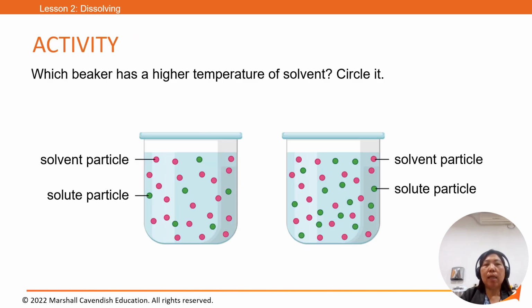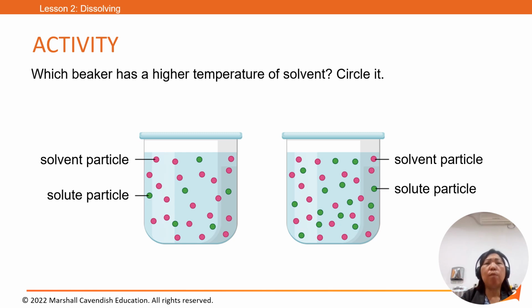Okay, now let's see this activity. Which beaker do you think has a higher temperature of solvent? See the solvent particles and the solute particles. The right one also shows solvent particles and solute particles. So the question is, if we heat a solvent, what will happen to its particles? The solvent particles will have more energy and move faster.